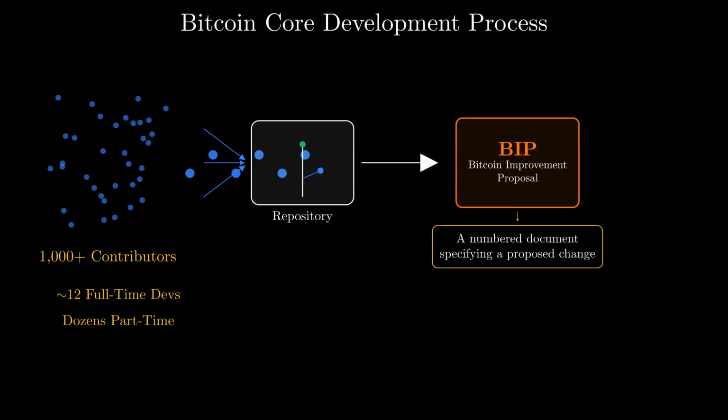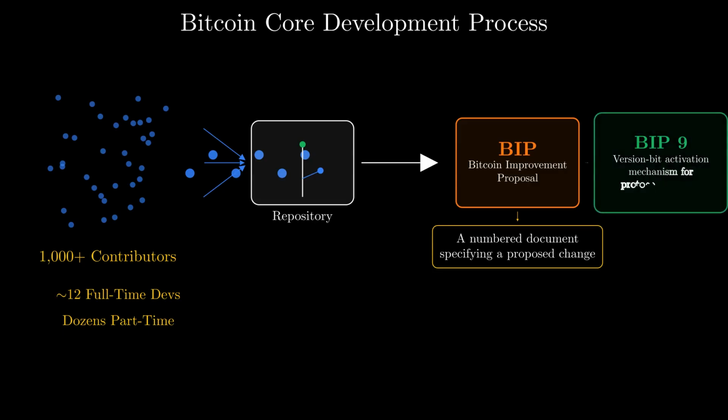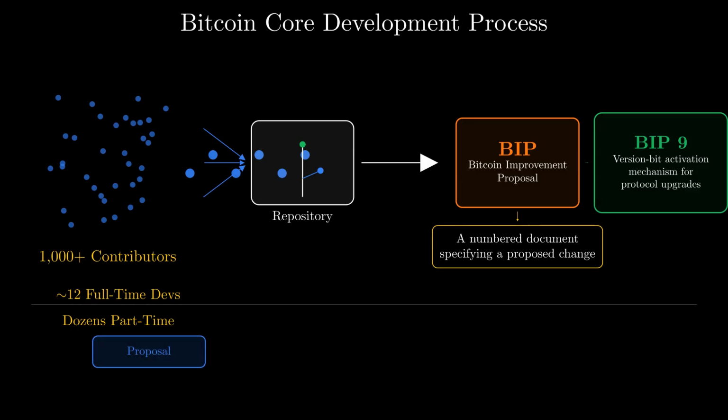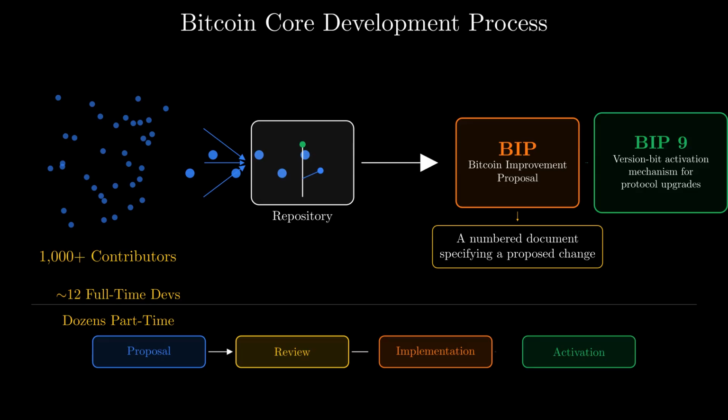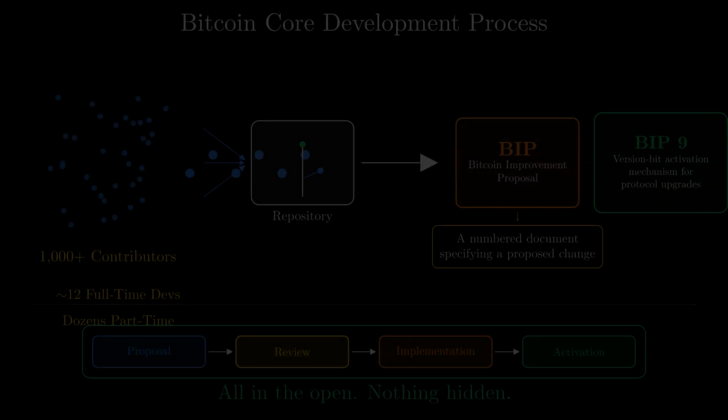Each BIP is a numbered document describing a specific change. BIP 9, for example, defined the version bit activation mechanism, the standard process used to deploy several major protocol upgrades safely. Every proposal passes through public review, implementation, testing, and activation, all in the open. Nothing hidden.